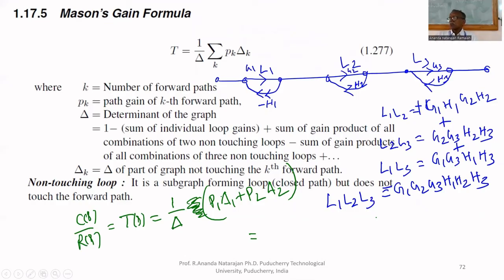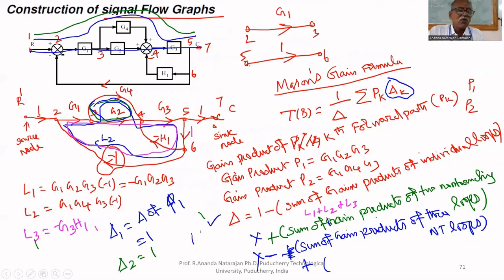We have to check L1, L2; L1, L3; and L2, L3. How can we find this from the expression itself? If you consider L1 and L2, G1 is common, therefore definitely they are touching.